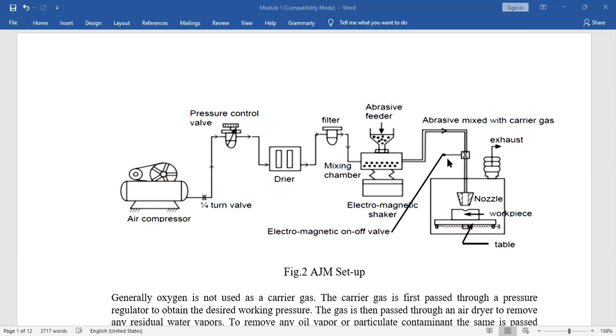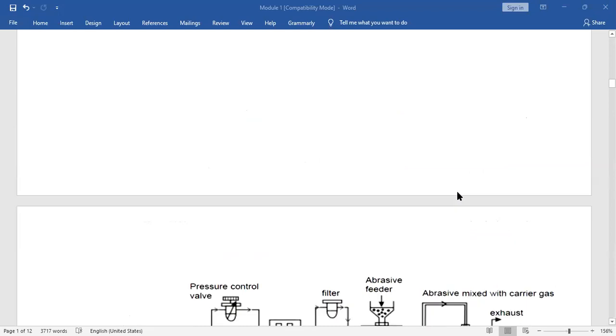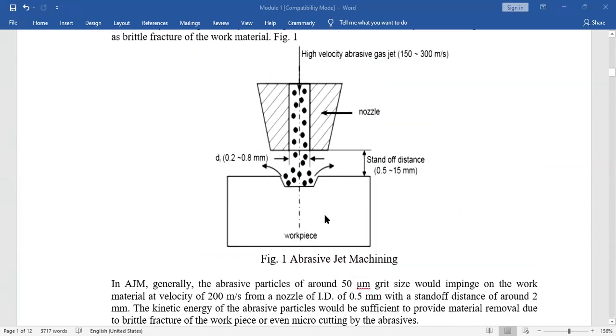That is why one additional valve is used here, the electromagnetic on off valve, so that the ratio cannot change, and again it goes into the nozzle. From the nozzle it will impinge on the workpiece.